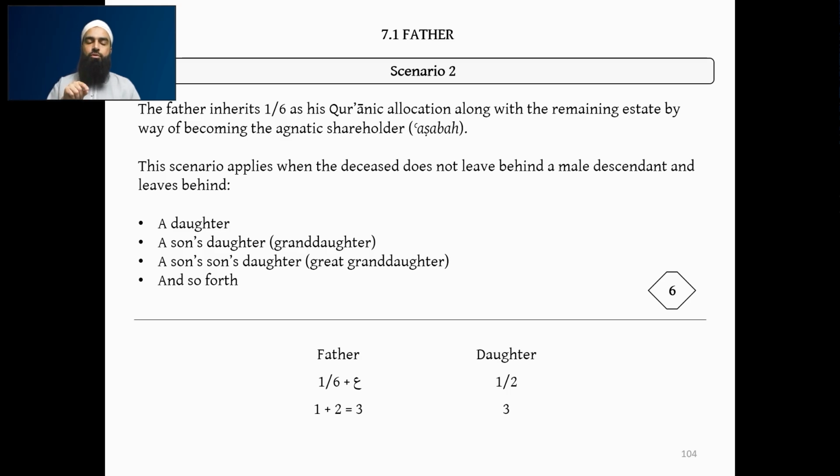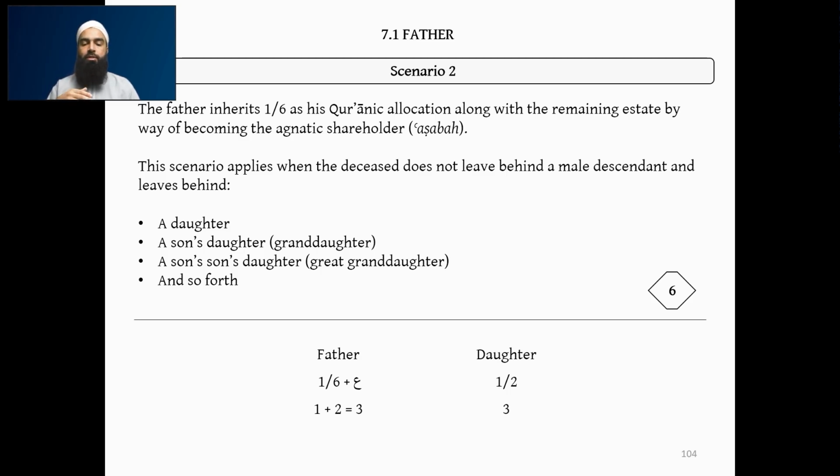This is important to do like this. You might think that is tedious, just give the rest. But no, because sometimes in certain scenarios, depending on how many people there are, the fractions will add up to too much, like we'll do later on, and the father will only get the 1/6. There will be nothing left to give him as his asaba. So you still need to make sure that he gets that 1/6 at least.